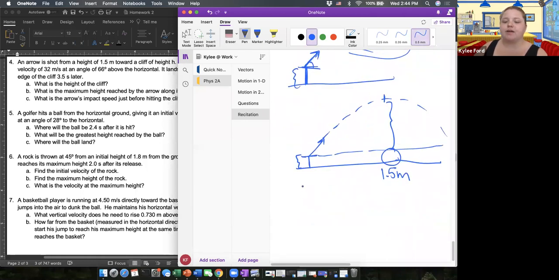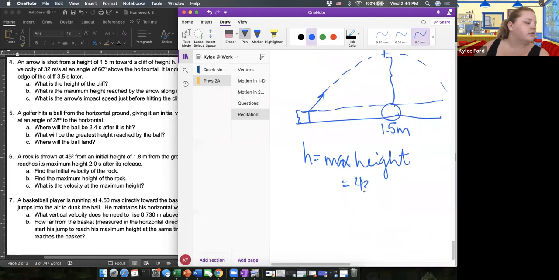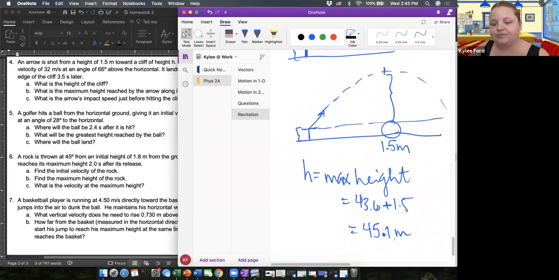So my entire maximum height would be that 43.6 plus 1.5. Whatever that is, 1 and then a 4, 5, 4, something like that, if I did that correctly in my head. I can't do addition anymore. Hopefully that's right.